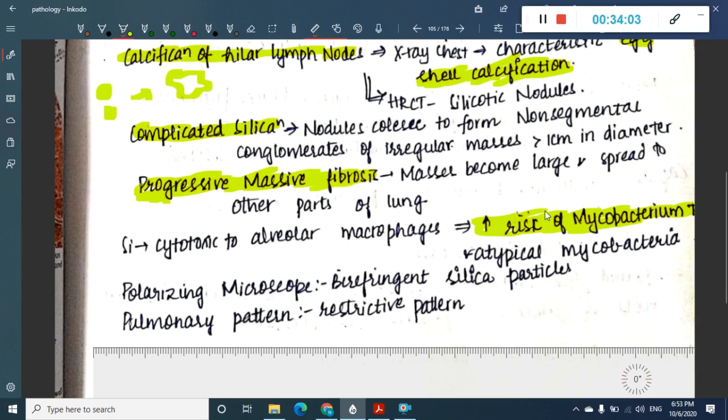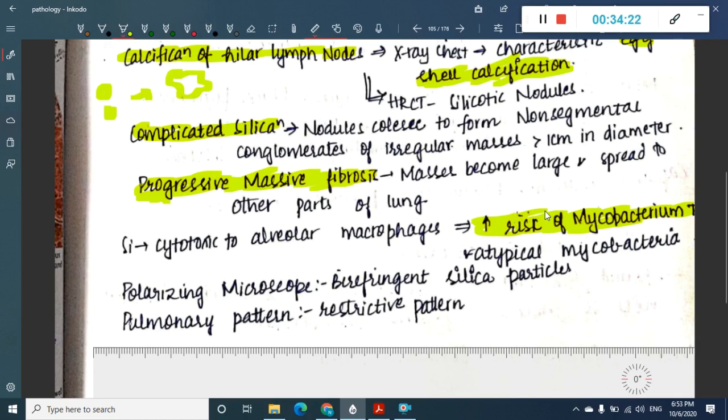Because of that, the macrophages present in our body are decreased or degraded, and as a result Mycobacterium tuberculosis or atypical mycobacteria more easily enter our body, thus causing tuberculosis.